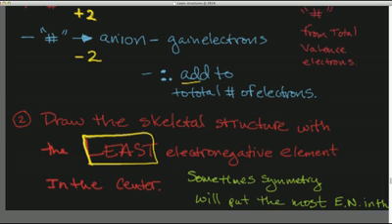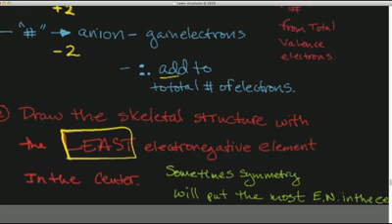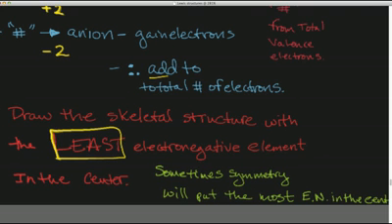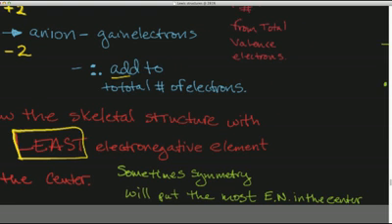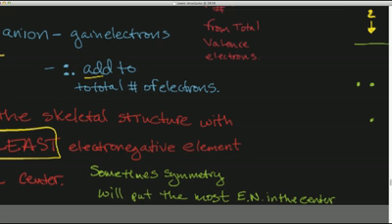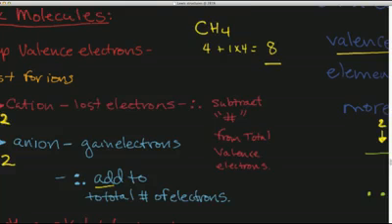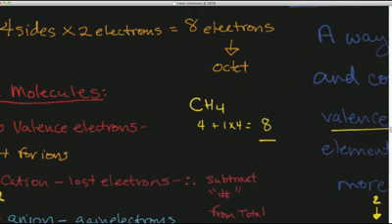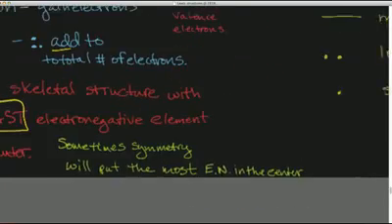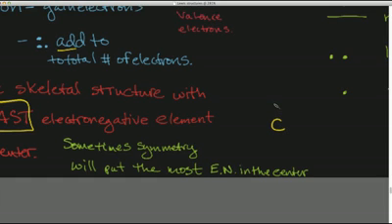in the center. And once you have the least one in the center, you can start drawing your bonds. But sometimes symmetry will force you to put the most electronegative element in the center. Take this methane compound, for instance. The skeletal structure would look something like this.